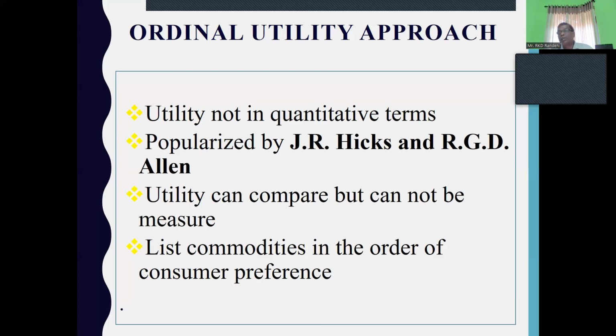We can rank, we can order, and we can select the commodity bundle. We prefer that commodity bundle to others. No need to measure. We can compare. I don't know whether you realize, utility can be compared but cannot be measured. List commodities in the order of consumer preference.